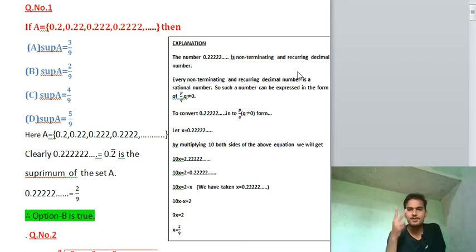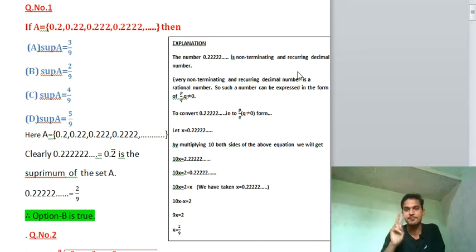Decimal numbers are of two kinds. The first kind is terminating decimal number and the second kind is non-terminating decimal number. Every terminating decimal number is a rational number. It means every terminating decimal number can be expressed in the form of p by q where q is not equal to 0. Then the case of non-terminating decimal numbers.